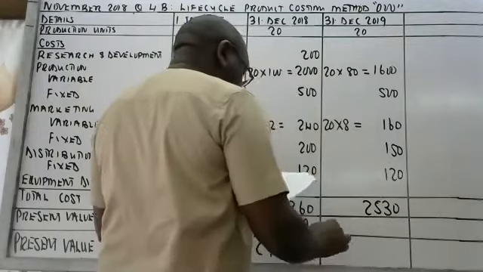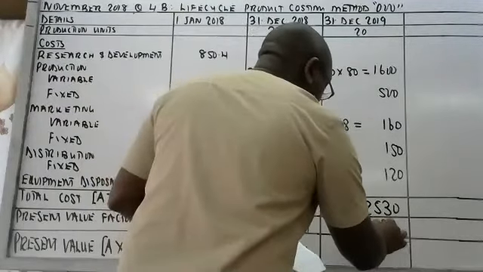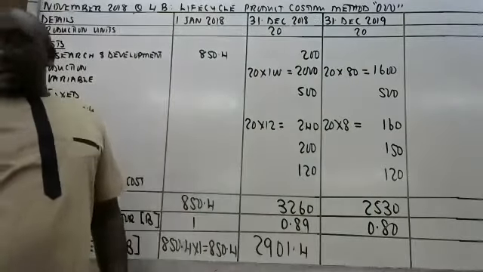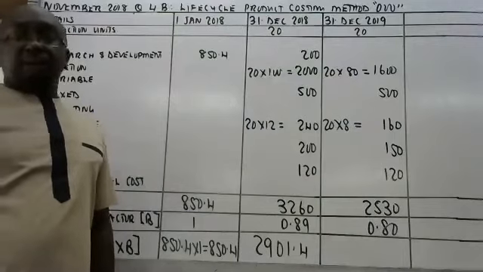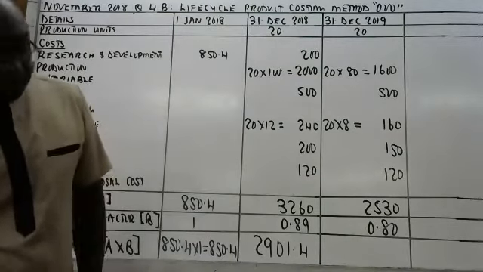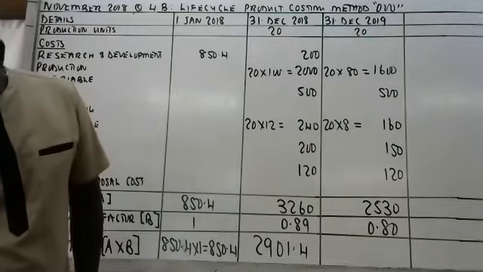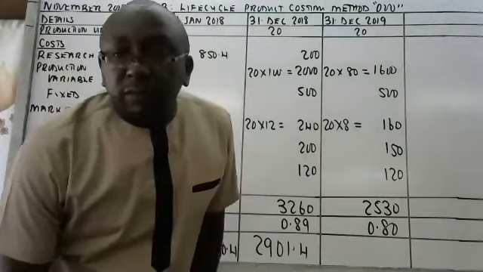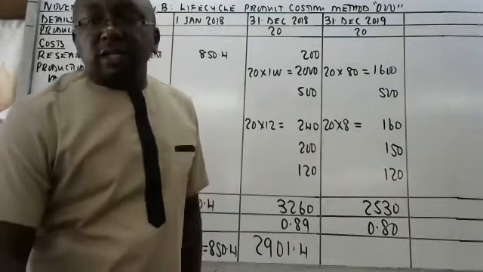The PVF factor, we are told, is 0.80. So multiply. $2024.